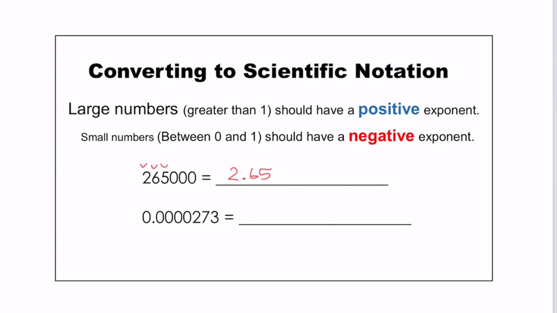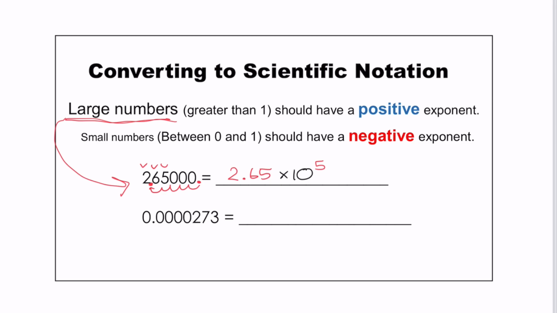So to make this the same value, we have to include the times 10 to the power of however many times you move the decimal to look like this. So everyone hopefully knows there's an invisible decimal here, and to move it to here, 2.65, I'm going to move it 1, 2, 3, 4, 5 times. So this is going to be a 5 here, but I have to determine, is it a positive 5 or a negative 5? And since this is a large number, this will end up being a positive 5.